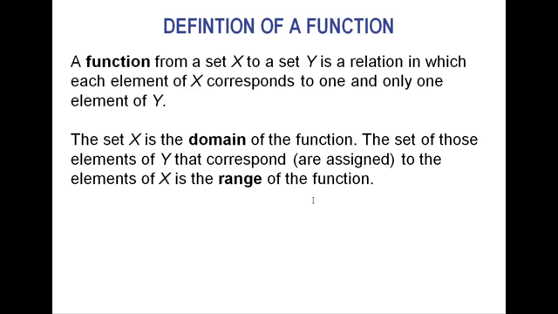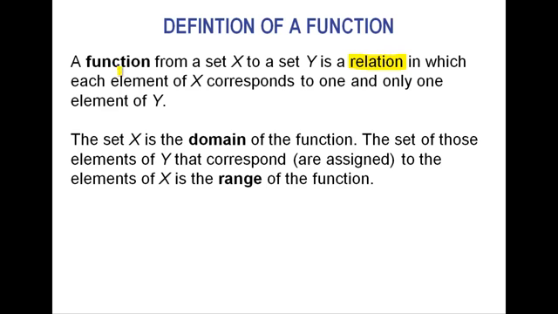Now, in order for something to actually be a function, there's a difference between a function and a relation. A relation is just being able to relate x and y with some equality or inequality, some sort of symbols.